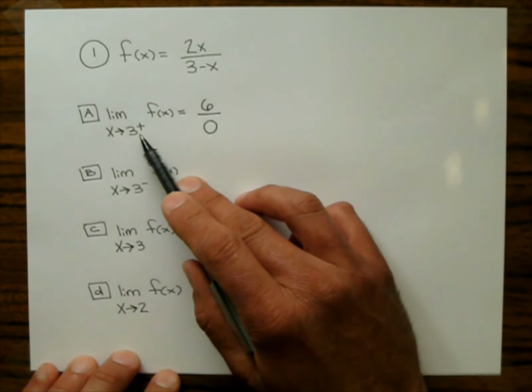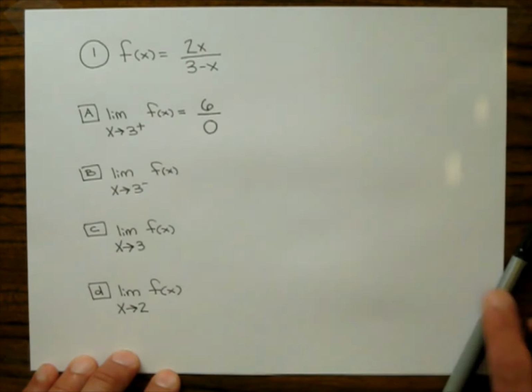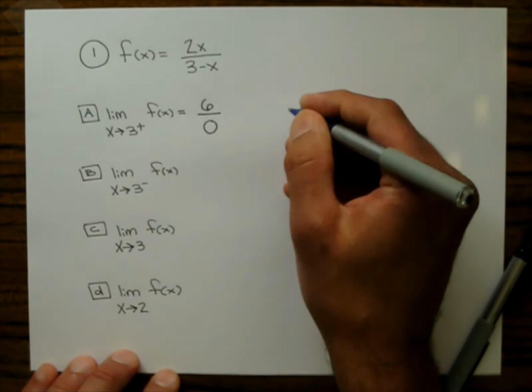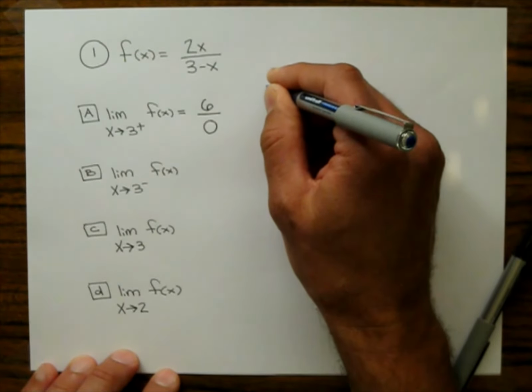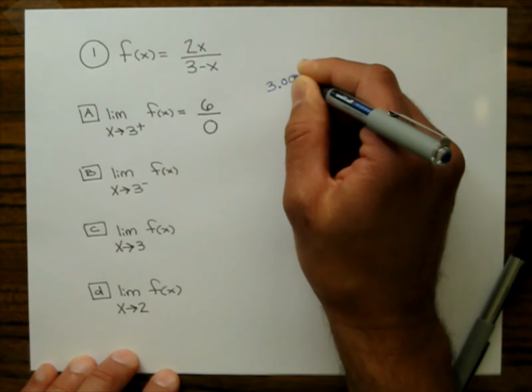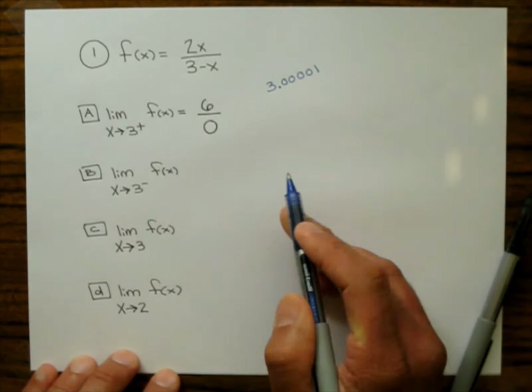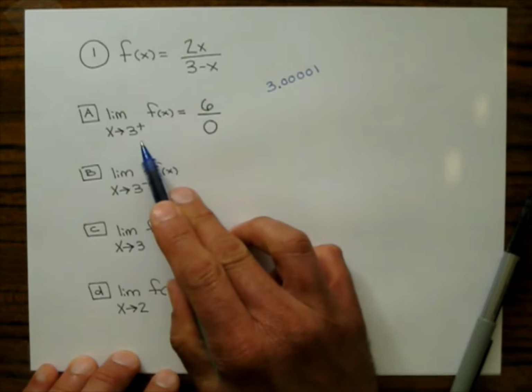Now you might say, oh, that's 4. Well, great. But maybe 3.1, or you can think 3.0001.